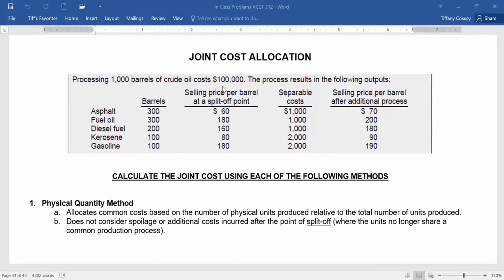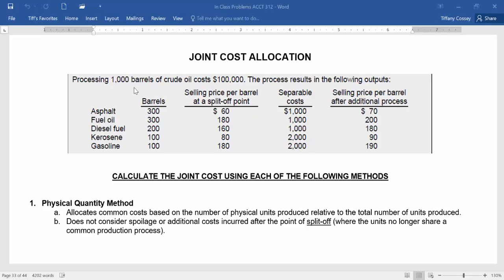For the physical quantity method, we take the physical quantity used by each of the product lines and split the costs up that way. So for example, we're going to have this one common set of data that we're going to use for each of our three calculation methods.